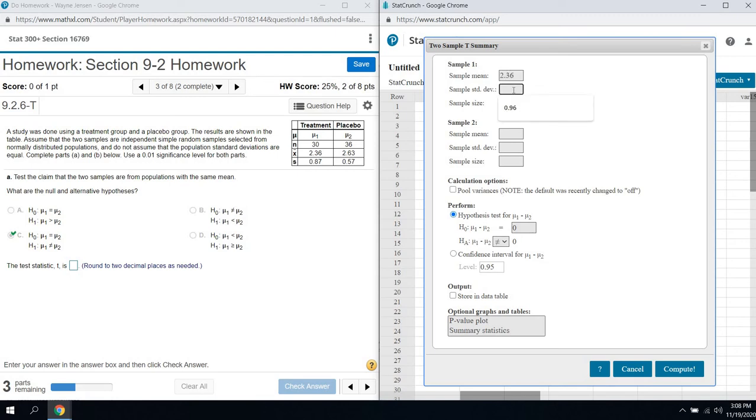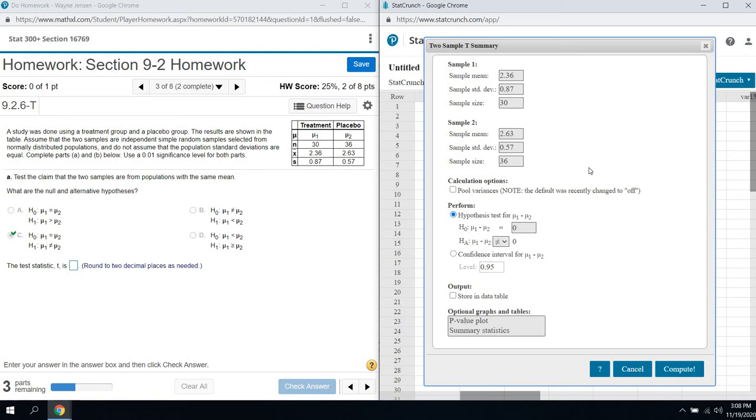Sample standard deviation, 0.87. Sample size, 30. Sample mean, 2.63. Sample standard deviation, 0.57. Sample size 36. We're just careful that we are grabbing the right numbers, putting the right decimal points in it. Take your time through this.